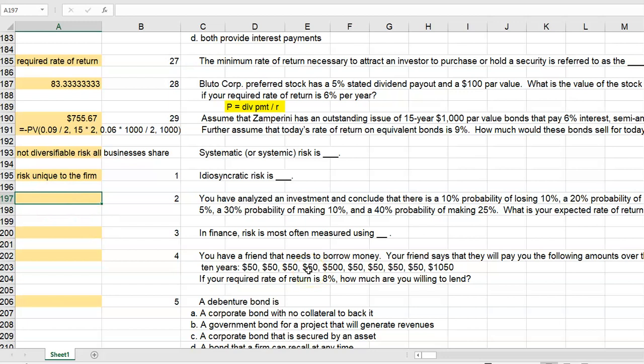All right. You analyzed an investment and conclude there's a 10% probability. All right, so here we go. This is expected rate of return.